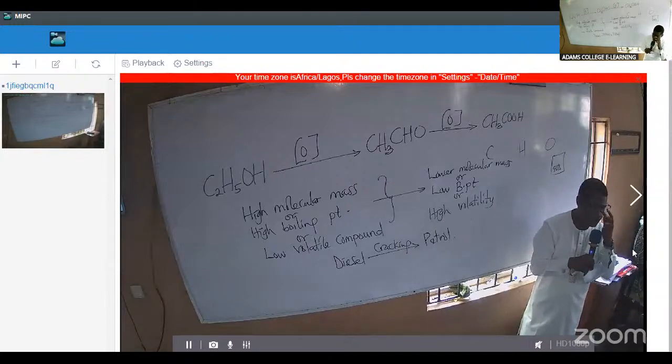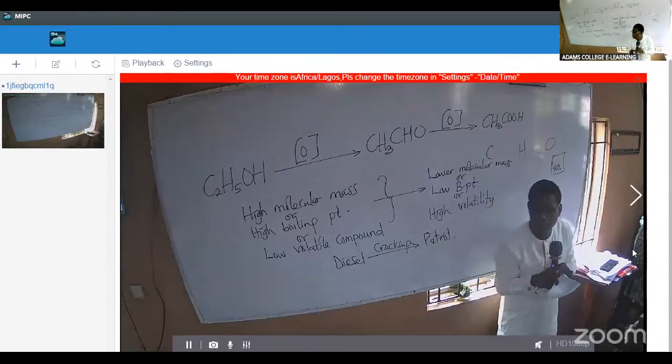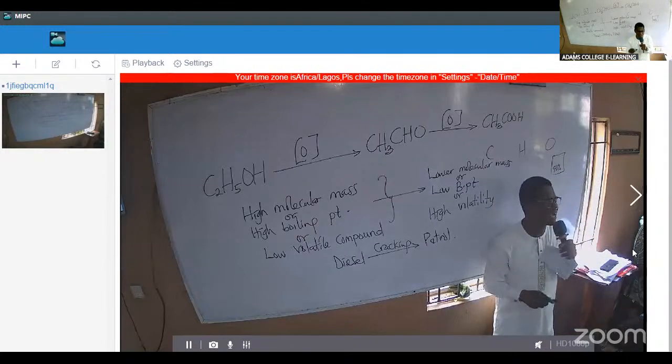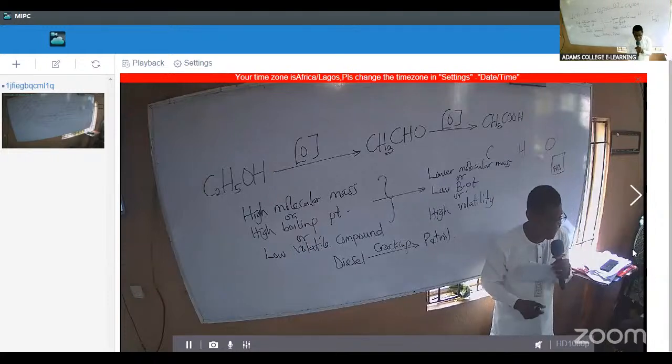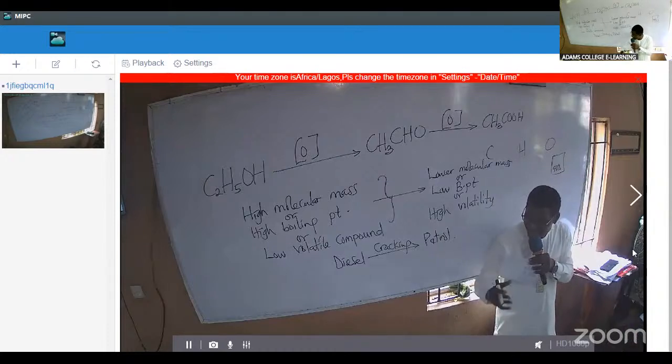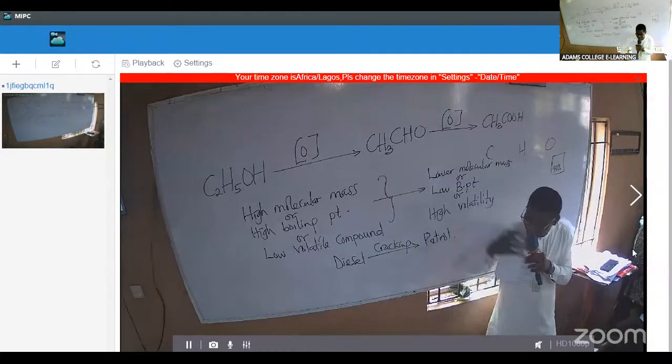Cracking can be of two types. Thermal, or what's another name for thermal cracking? Heat cracking.